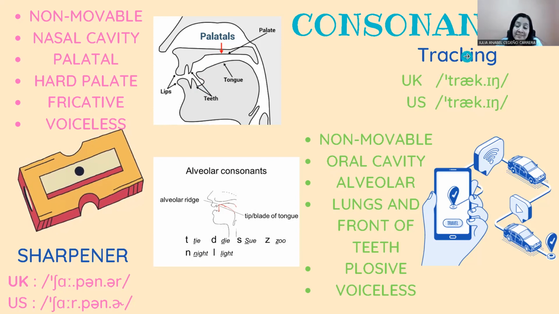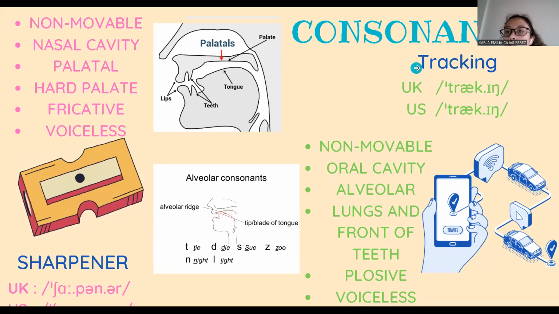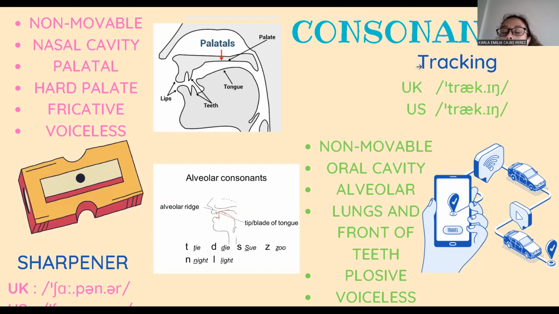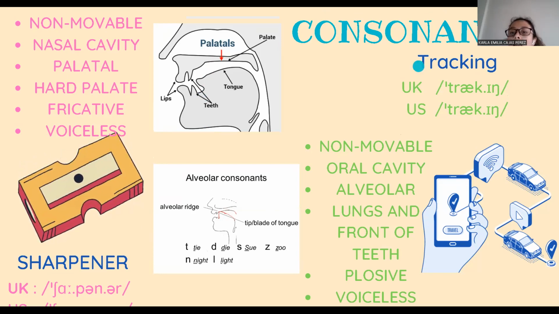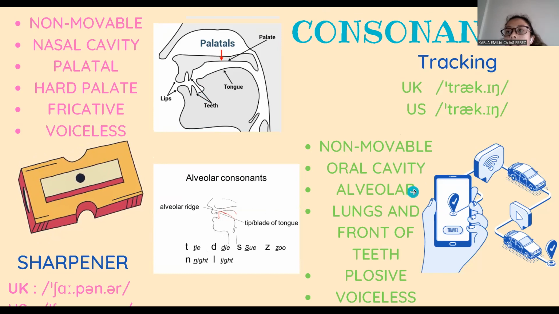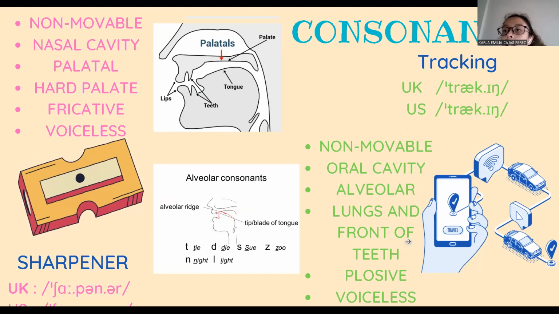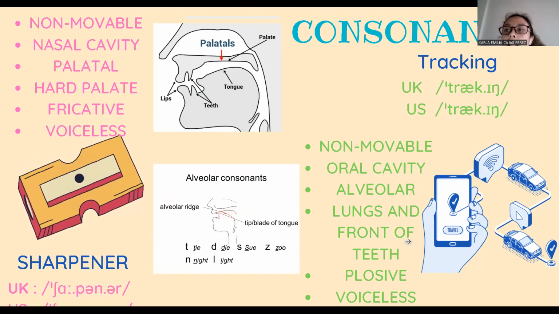Then the next example, which is focused on this sound. It's again a non-movable organ of speech. It's in the oral cavity. It's alveolar because of the front of the teeth and the tongue. Repeat that part.